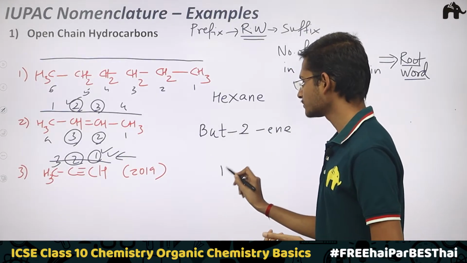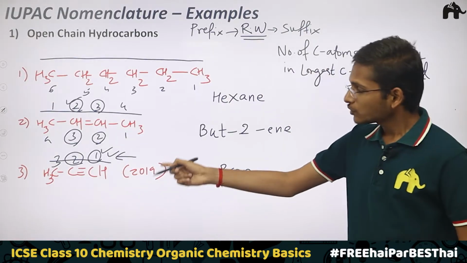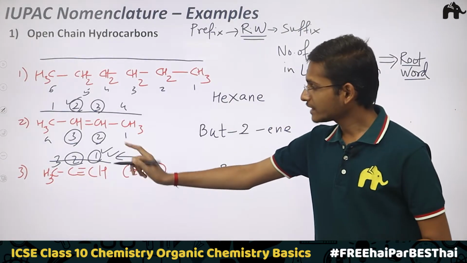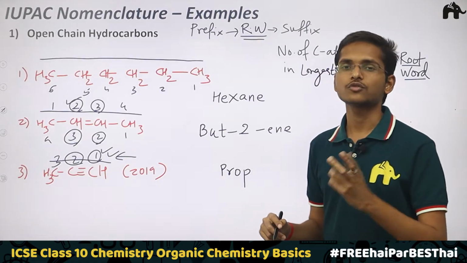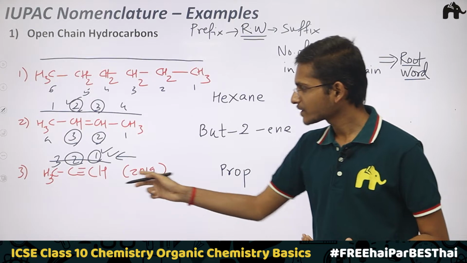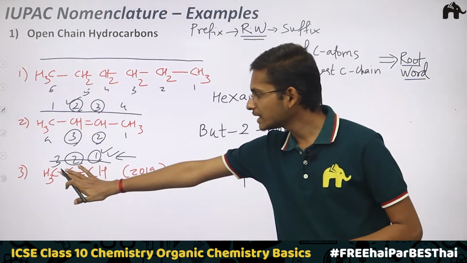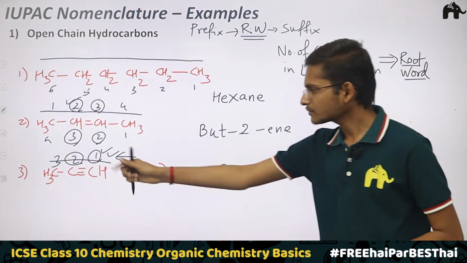Meth, eth, prop. Prop is the root word. And I know this also has a single bond, but it has one triple bond. So at least one carbon-carbon triple bond means it is an alkyne, correct? It's simply a hydrocarbon, a very simple hydrocarbon, not a derivative. So simply alkyne, right?